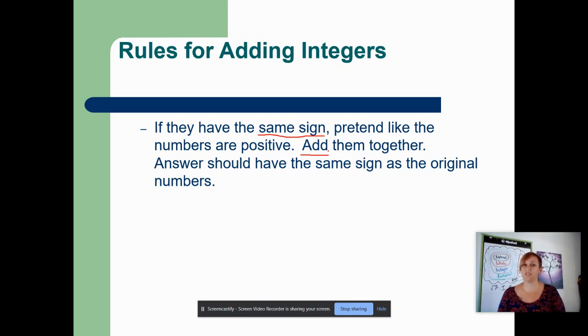So numbers with the same sign get added. When you write your answer, it should have the same sign as the original numbers. So when you're adding two negative numbers together, your answer should be negative. And when you're adding two positives together, your answer should be positive.